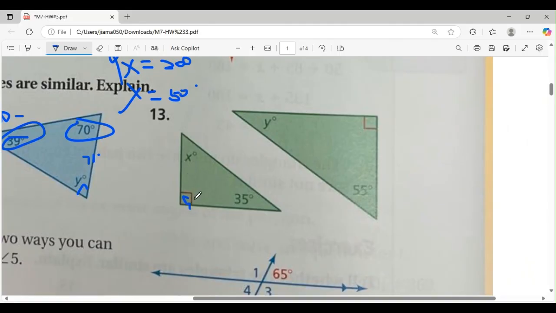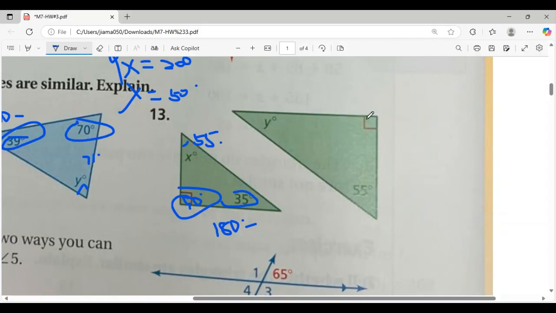Okay, this is 90 degrees, and let's find the angle measure of x. 180 degrees minus 35 and 90, which is 55 degrees.